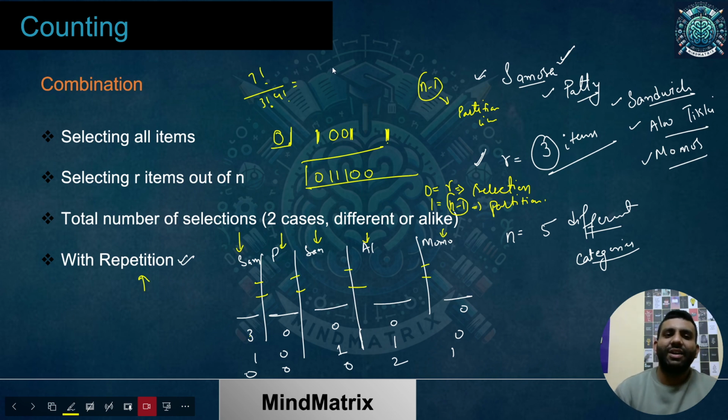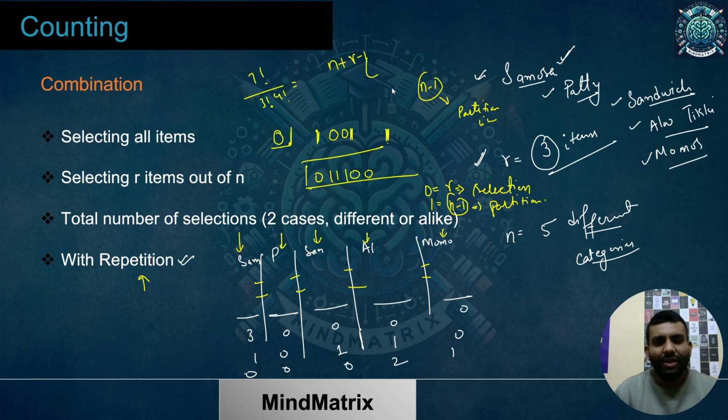So if I write it up, the expanded formula would be something like this: n plus r minus 1 C n minus 1. Where n represents your number of categories which can be repeated, and r represents the number of selections, which can further be written as n plus r minus 1 C r.